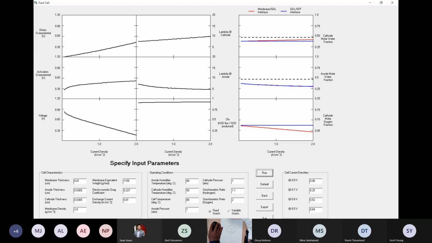And if the flow field has a fairly small fluid channel, then you need a lot of power to run that blower. So you don't want the stoichiometric ratio of the air to be too enormously big. But on the other hand, if it's valuable for drying, for combating flooding, then increasing this is a good thing to do.